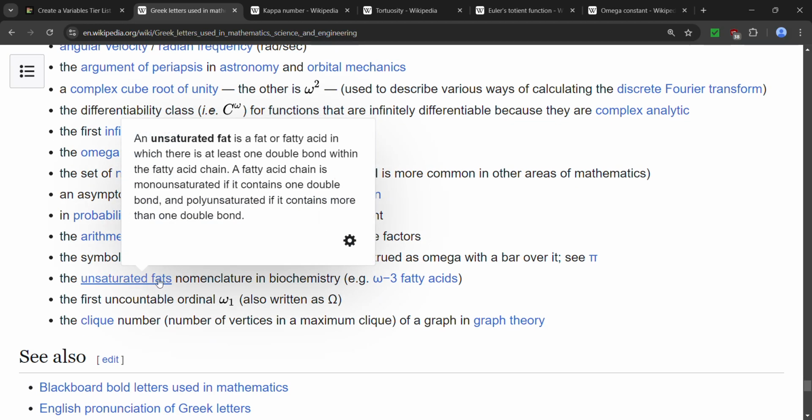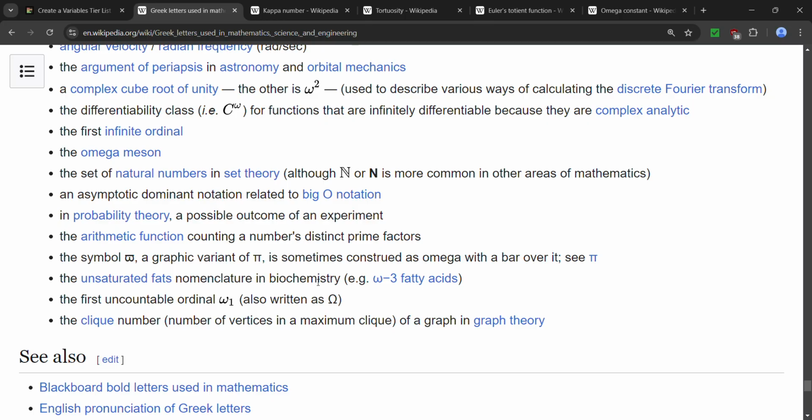And unsaturated fats in biochemistry, omega-3 fatty acids. Okay, that's big. I'm a big fan of omega-3 fatty acids, right? They're good for brain health, lowering your risk of cardiovascular disease. And we don't get enough of them. That's the bummer.